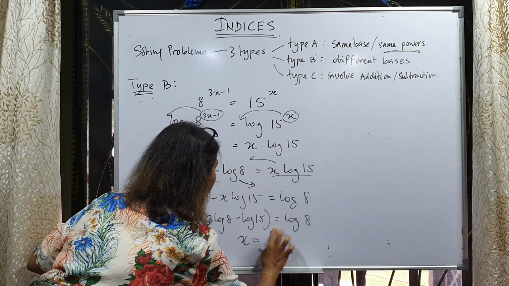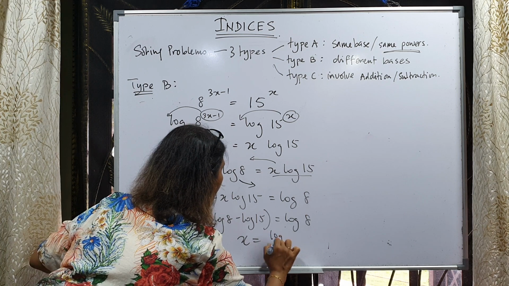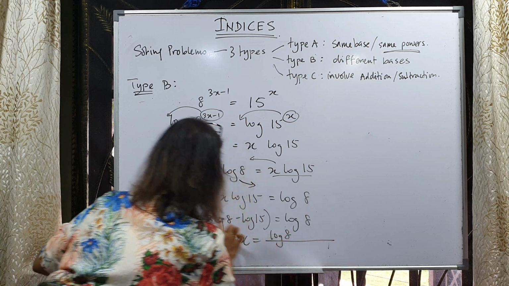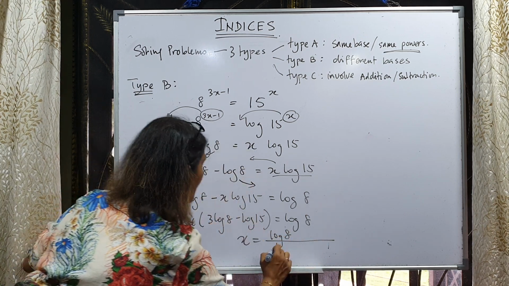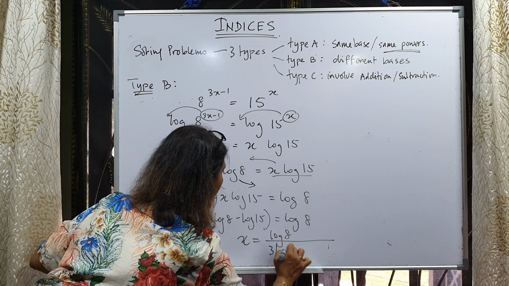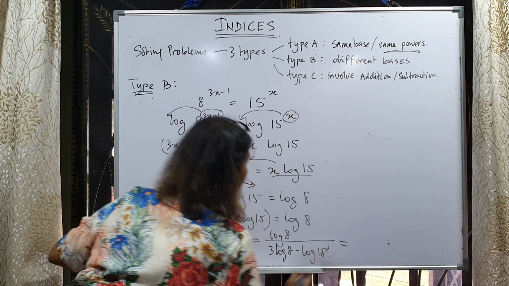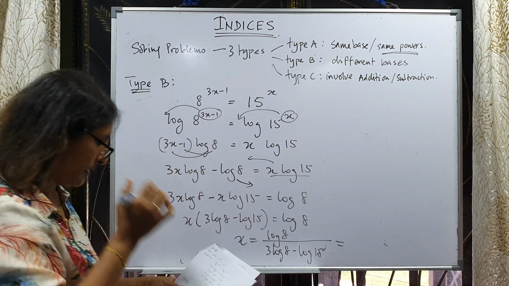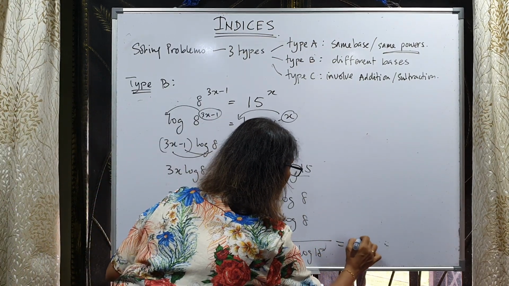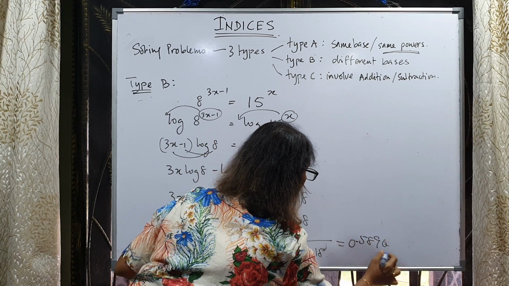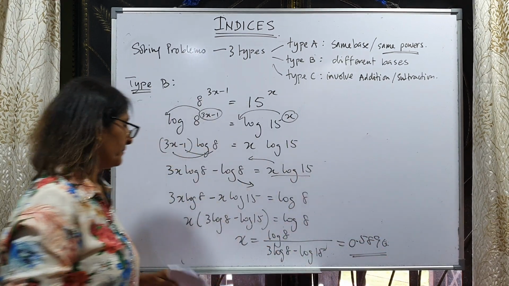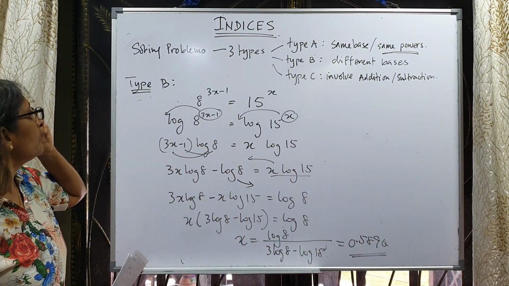So log 8 divided by this whole thing, bring it down. 3 log 8 minus log 15. Use your calculator and you get the answer 0.5894. That's it.